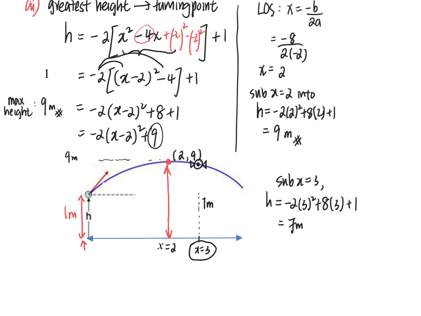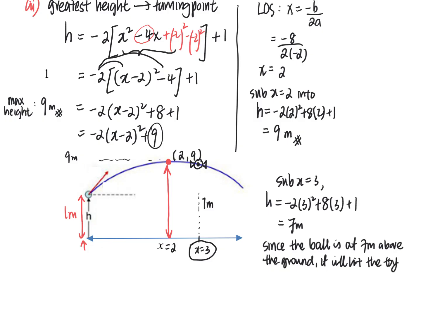So you will comment that since the ball is at 7 meters above the ground, it will hit the toy directly. So it's simple substitution, but you must understand what the question is asking. Then you know what to substitute, then you know what to comment about.